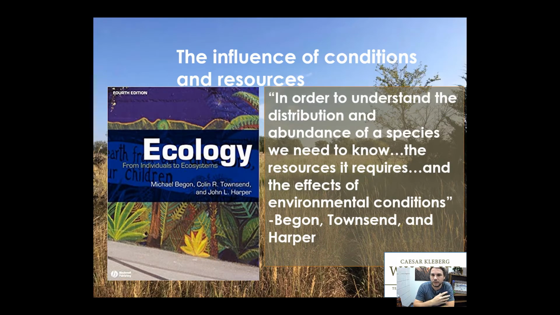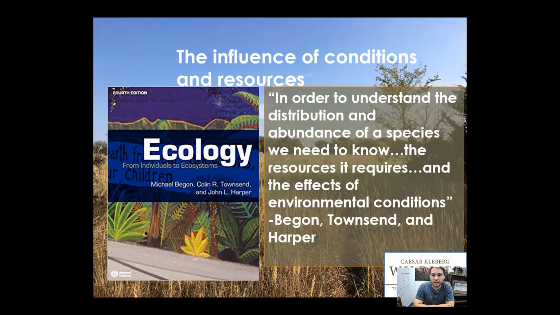To understand both the distribution and the abundance of a species, we need to know both the resources that it requires, as well as the effects of environmental conditions on those resources, resource availability, as well as direct implications and impacts on the species of concern.